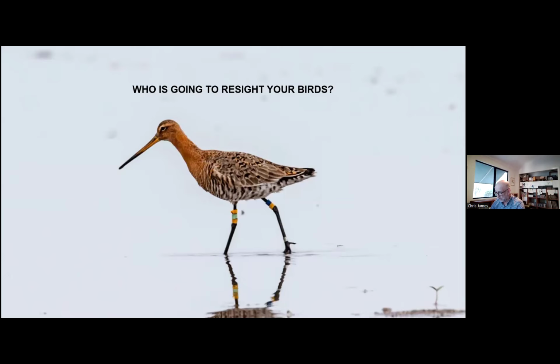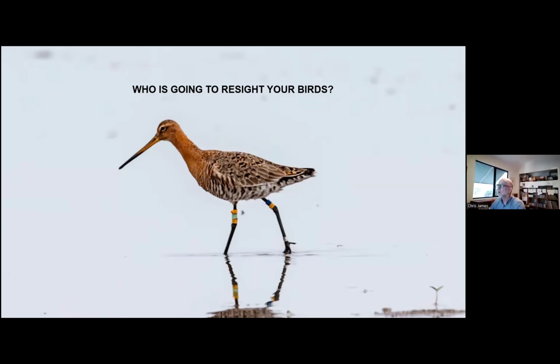But if you do put a tracker on a bird, it's still individually marked, because it's a backup in case of failure. You can still resight the bird again, and that will help with analysis and the issue of the survival of birds carrying trackers. So it does seem either you need to go and see them or hope that other people are going to see them, and build that into your initial planning of your project.